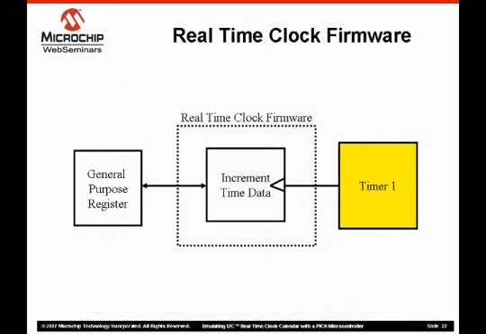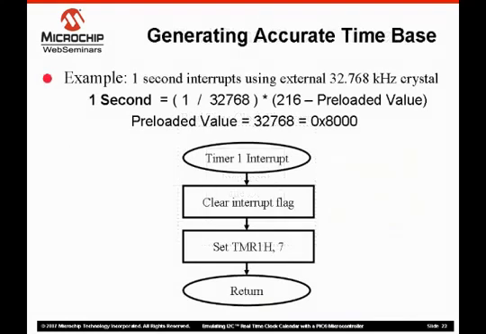Our real-time clock firmware uses the timer 1 module to generate an interrupt once a second. Shown in this slide is how we go about generating an accurate time base. In order to generate a 1-second interrupt using an external 32.768 kHz crystal with no prescaler, we must preload the value 32768 into the timer registers.